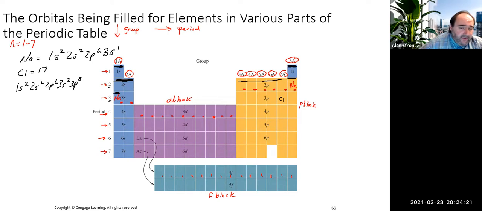So again, how we would count that off, starting up here on top, 1s1 to 1s2 over here to helium, coming back 2s2 all the way across here, 2p6, 3s2, and then jumping across here, 3p1, 3p2, 3p3, 3p4, and 3p5.